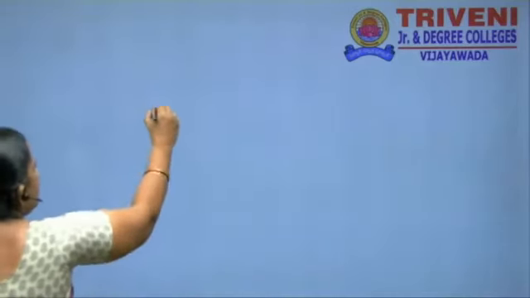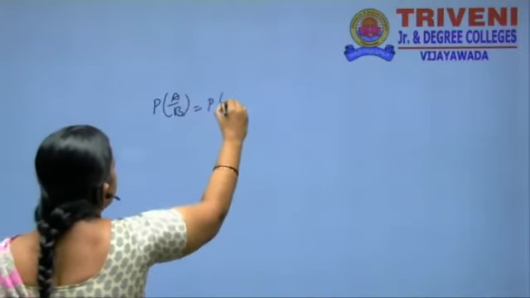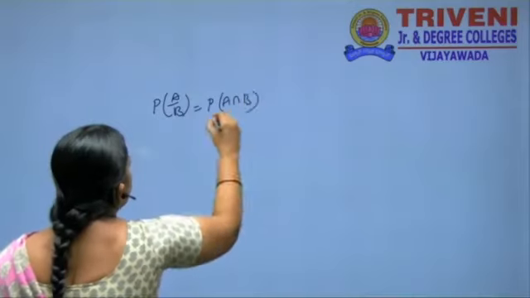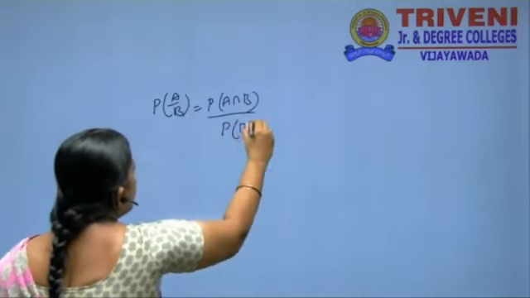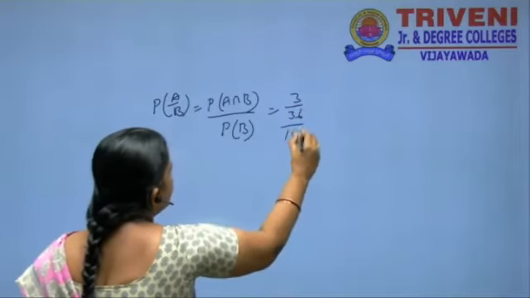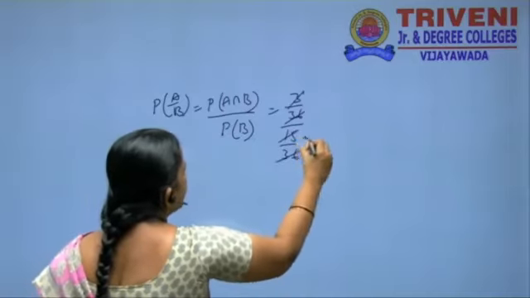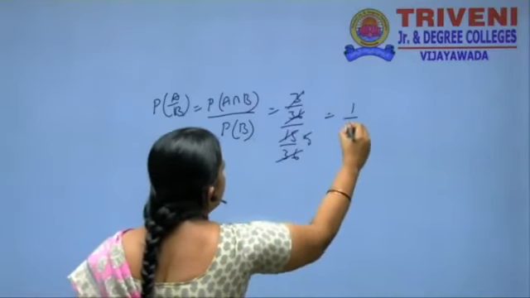P of A by B can be written as P of A intersection B by P of B. P of A intersection B is 3 by 36, over 15 by 36. 36 cancels, and 3 cancels 5 times, giving 1 by 5.